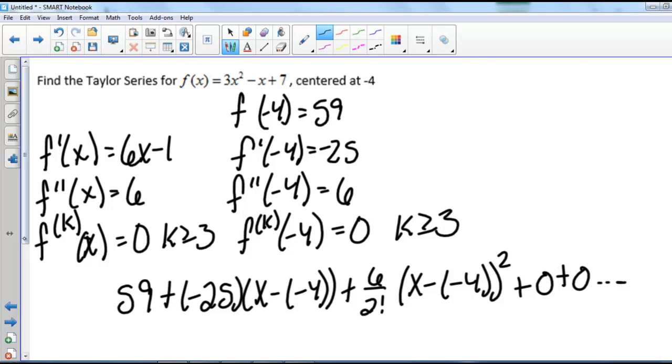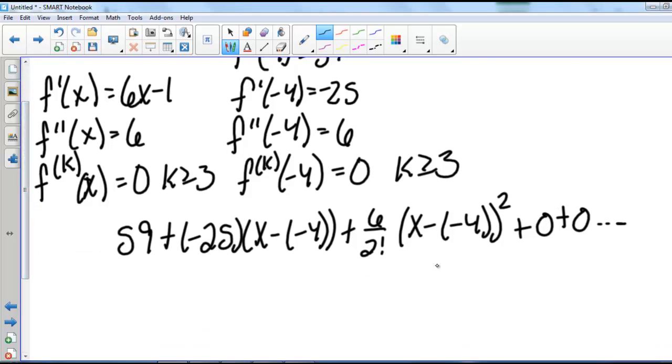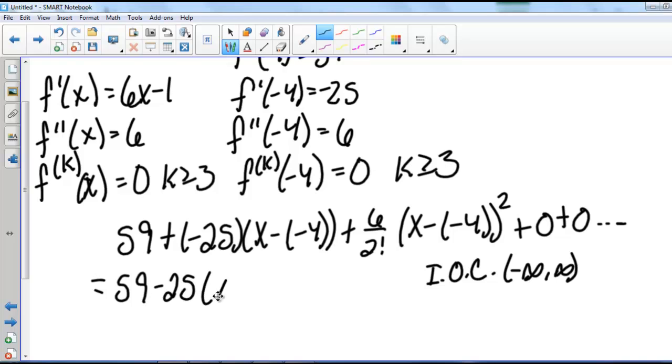So again, this converges for all x, so our interval of convergence is negative infinity to infinity. And when we simplify our expression, we get 59 minus 25 times x plus 4 plus 3 times x plus 4 squared.